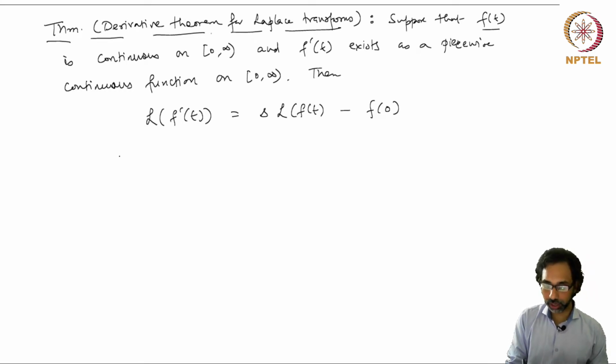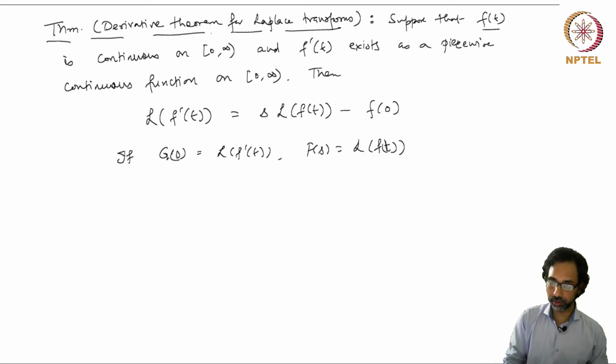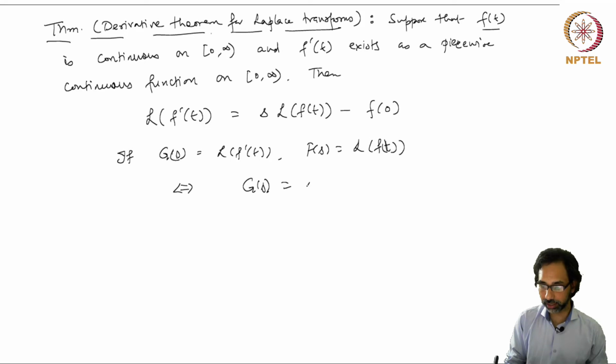So, in our notation, if we denote by G(s) the Laplace transform of f prime t, and by F(s) the Laplace transform of f t, then this is the same as saying that G(s) is sF(s) minus f(0).